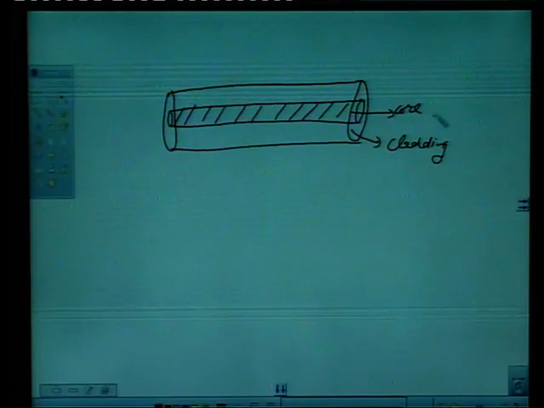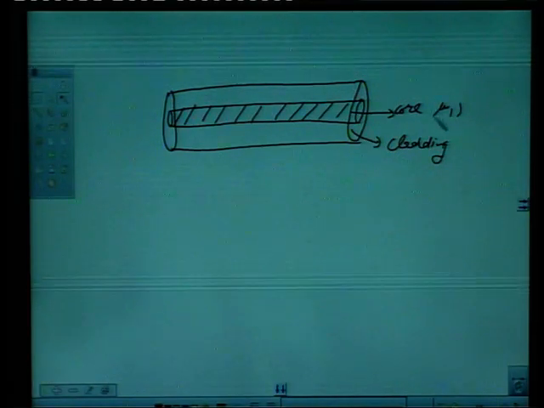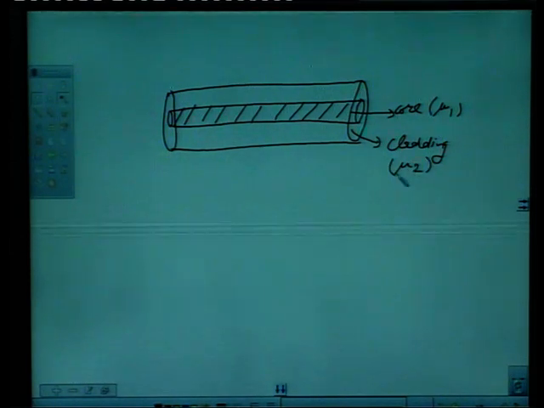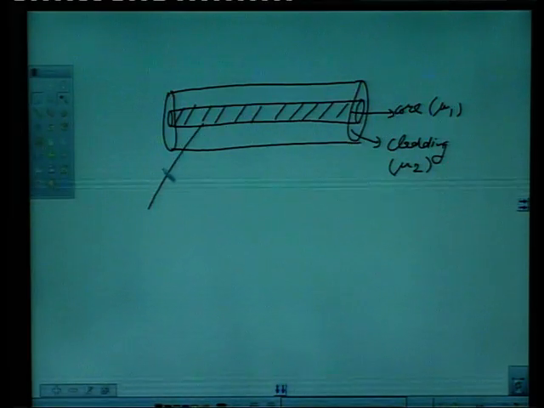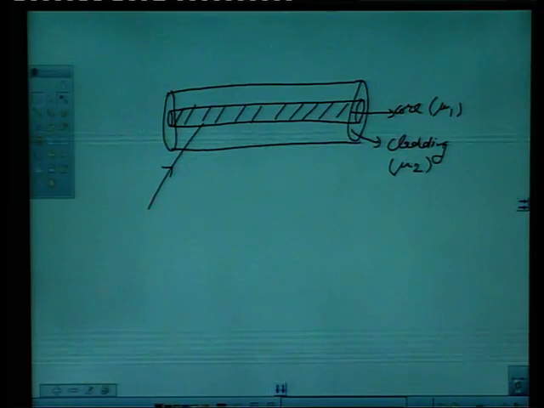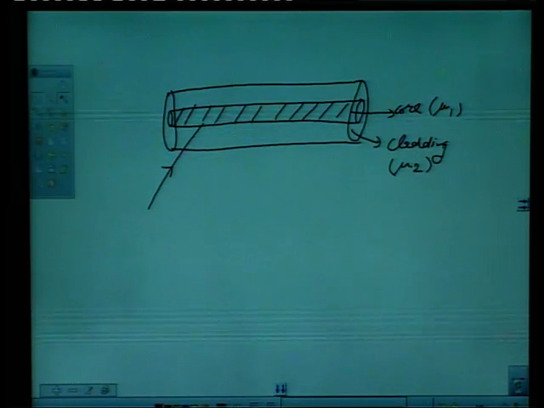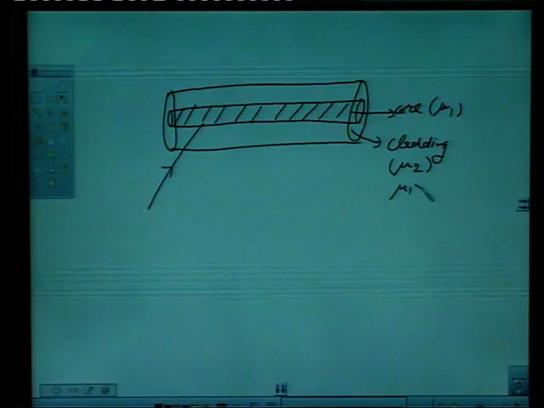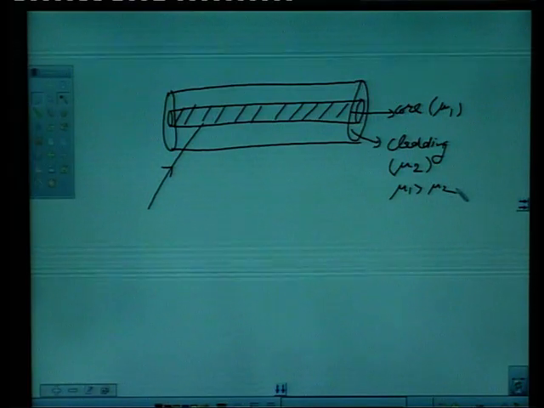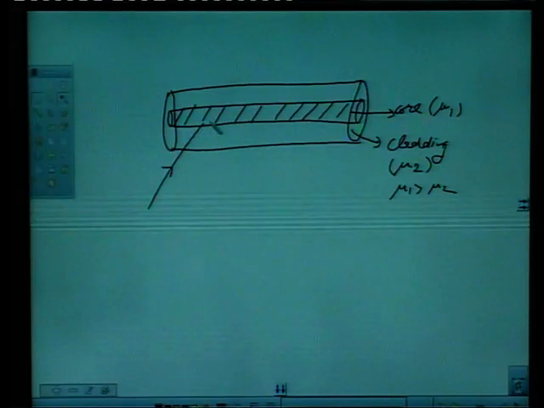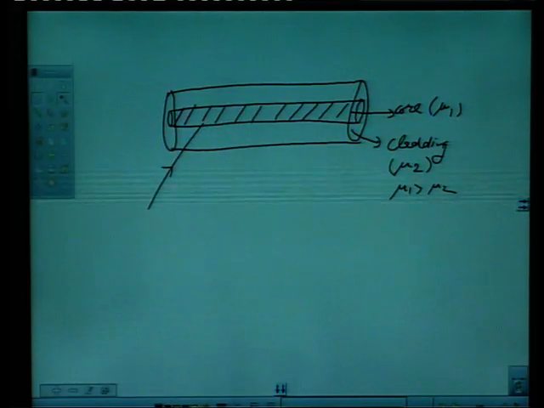The core has refractive index mu1 and the refractive index of the cladding is mu2. Now, when a light ray travels from outer medium to the optical fiber, mu1 is greater than mu2. So, at the interface of core and cladding, it gets total internal reflection.